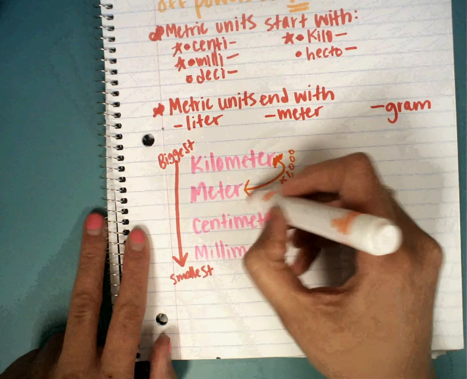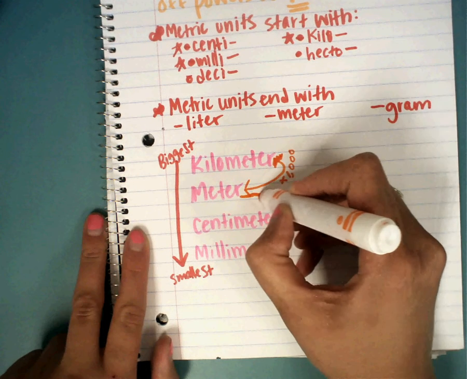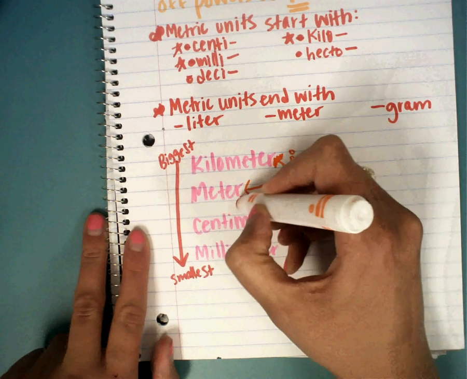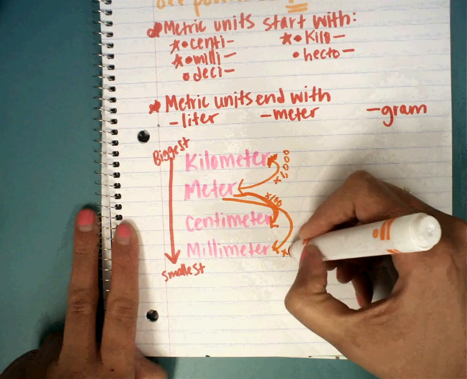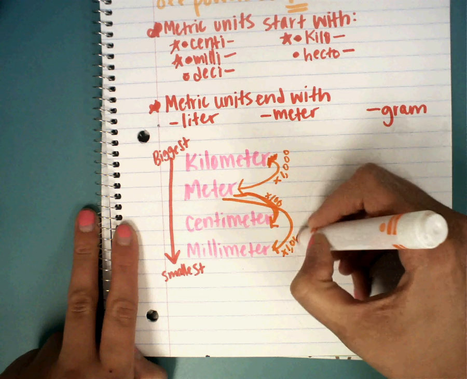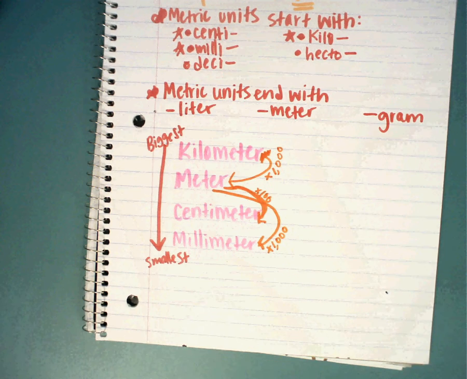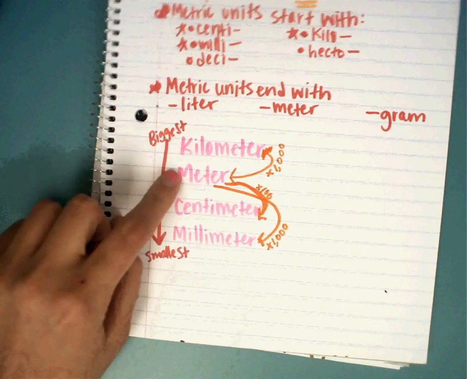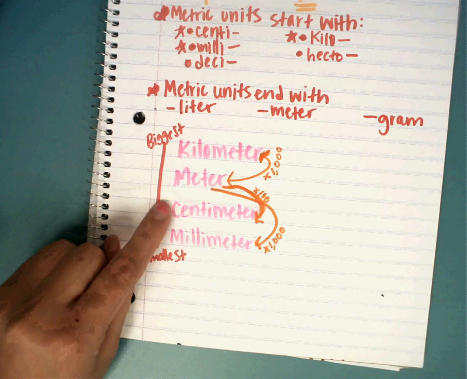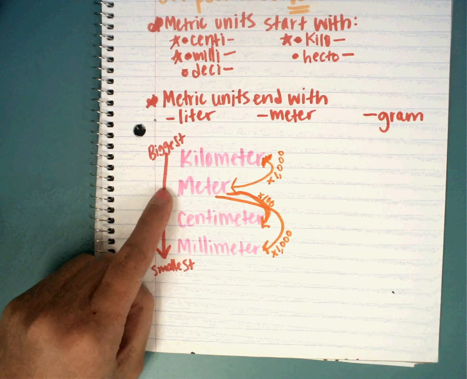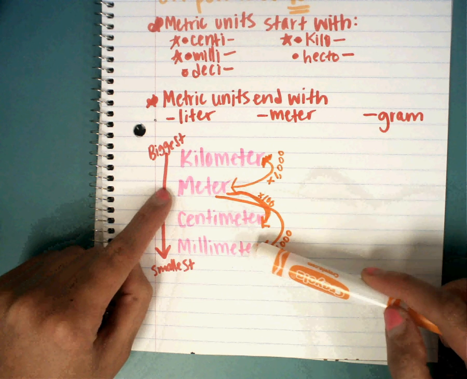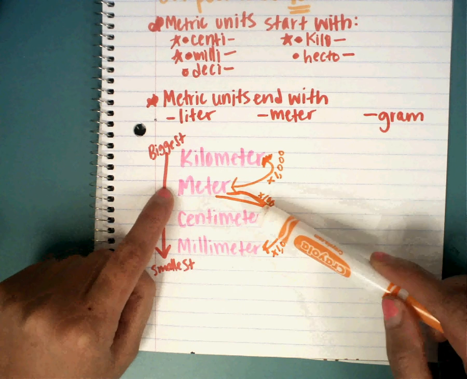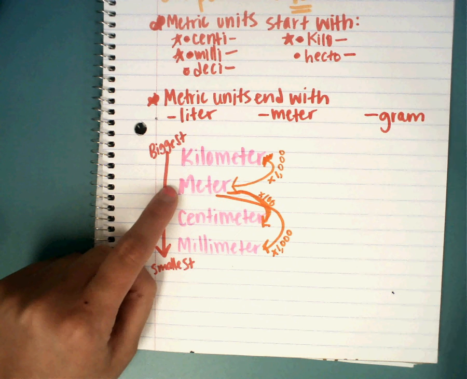To get from meters to millimeters, I'm going to multiply times 1,000. So 1 millimeter is 1,000th of a meter. A centimeter is 100th of a meter. These are both smaller than a meter, so they're going to be fractions of a meter.